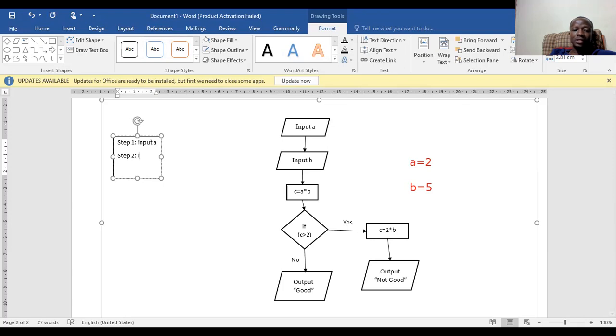Is that okay? Step 3, C equal to A star B. Now in programming, the asterisk stands for multiplication. We don't use times. You know that.